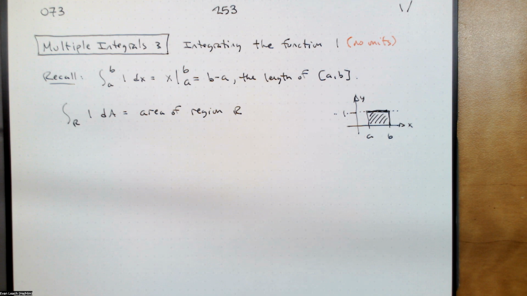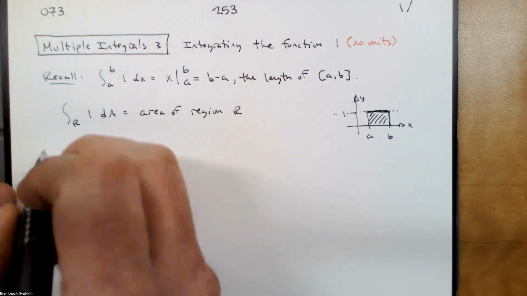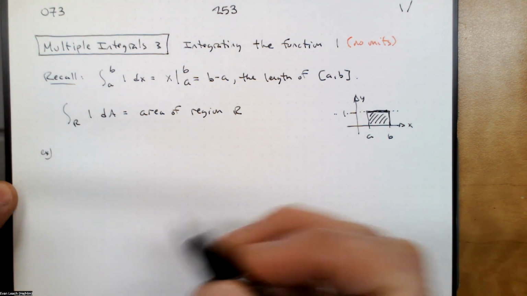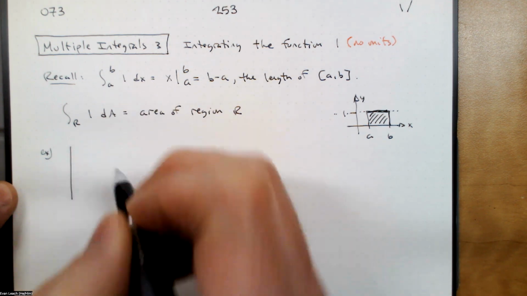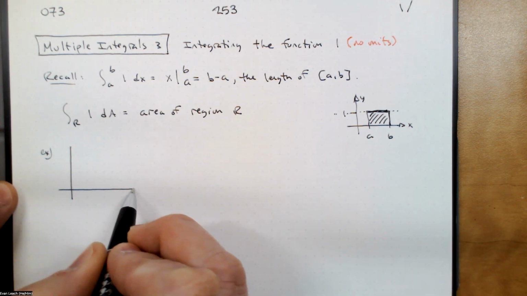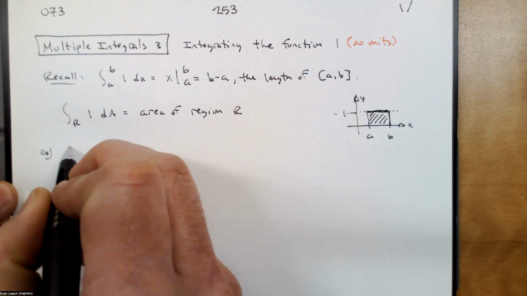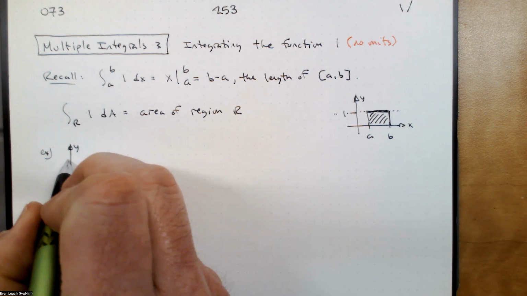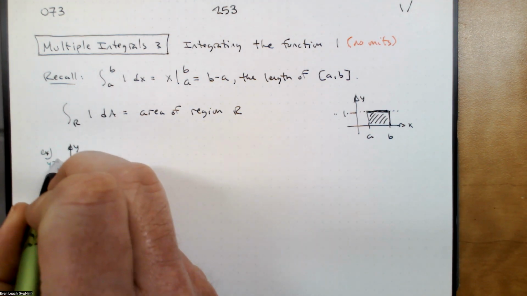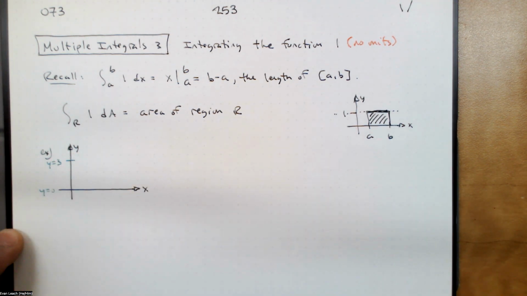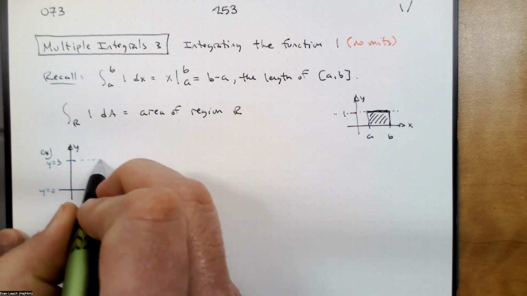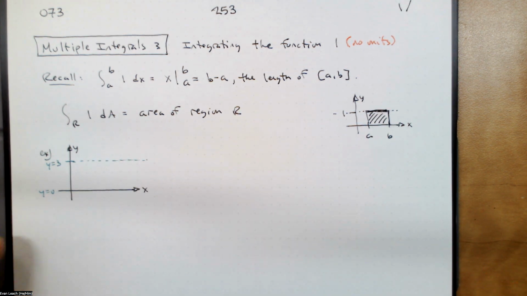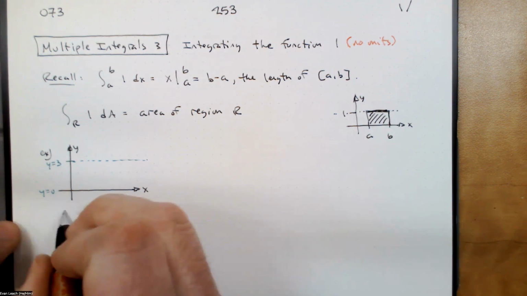We should make sure that this works. If you recall, yesterday we were slicing up this box where y goes from 0 to 3 and x goes from 0 to 9.